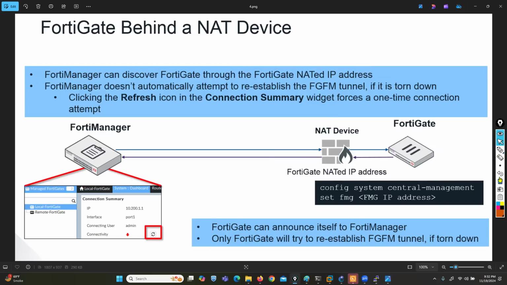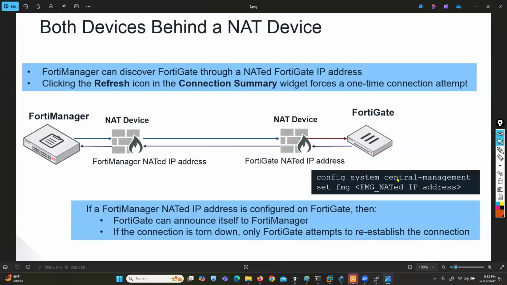Yes, we have one more scenario, when both the devices are behind a NAT device. No problem. If you are trying to register your FortiGate firewall device into this FortiManager, then for FortiManager, this FortiGate NATed IP address is the FortiGate firewall IP.